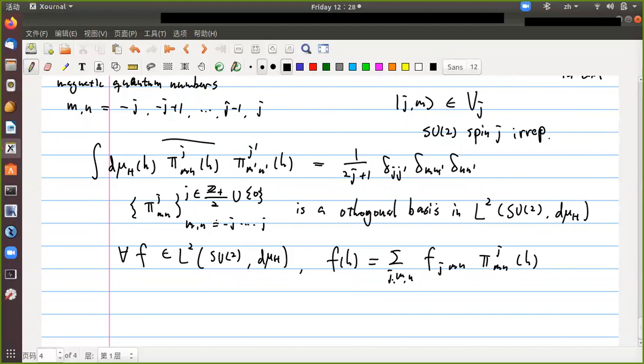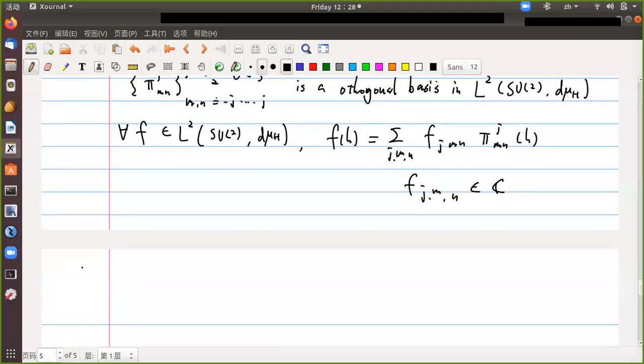Here you sum over all the j, m, and n, and the f^j_mn are just complex coefficients. Okay, so this is the basis of the Hilbert space, and now you just make many copies of the same Hilbert space, and you can generalize it to the entire Hilbert space.